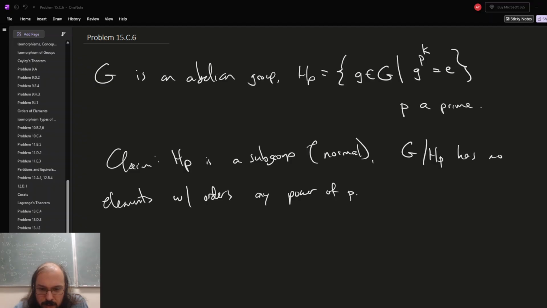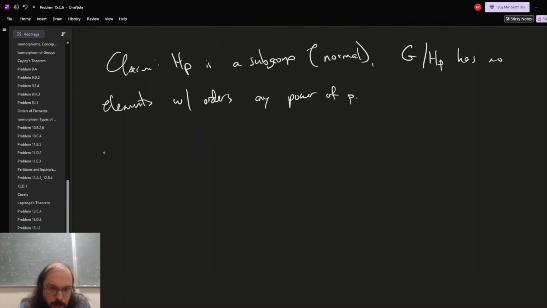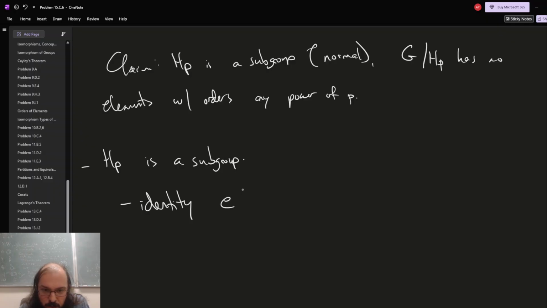So first, let's show that H_P is a subgroup. For H_P to be a subgroup, we have to prove the usual collection of facts. We need the identity element. This is obvious because e to the p to the 0 equals e to the 1 equals e, and so it belongs to H_P.